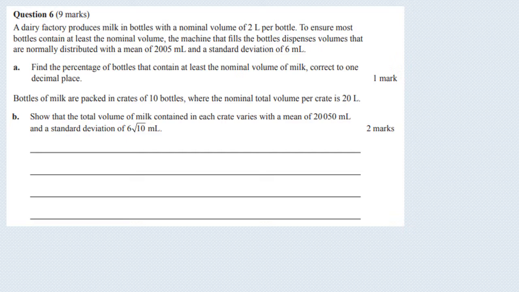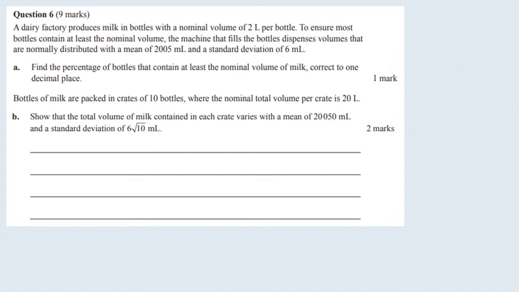This past exam question shows another case that appears similar but is different. If we read this one: a dairy factory produces milk in bottles with a nominal value of 2 litres per bottle. To ensure most bottles contain at least the nominal value, the nominal value is like the nominated or the named volume.